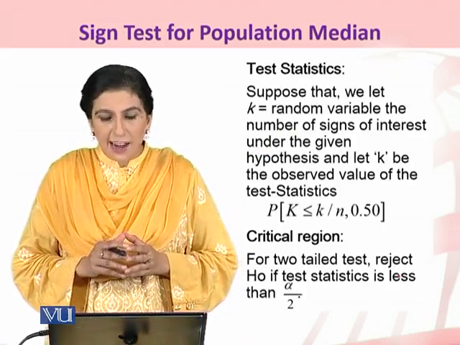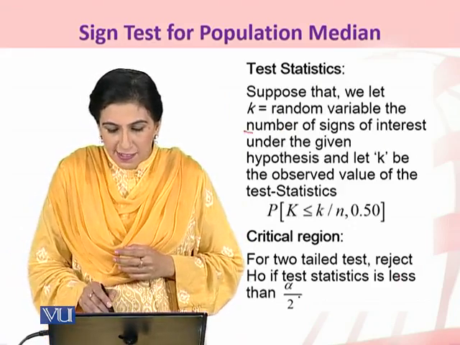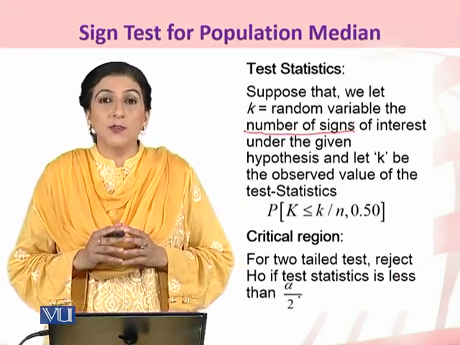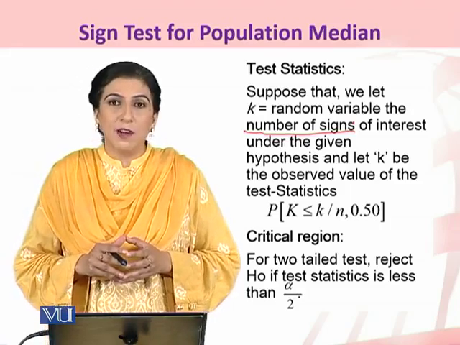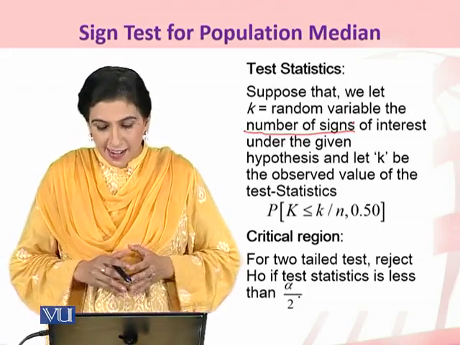So suppose that we let K as a random variable that specifies the number of signs of interest under the given hypothesis, and let k be the observed value of the test statistic.